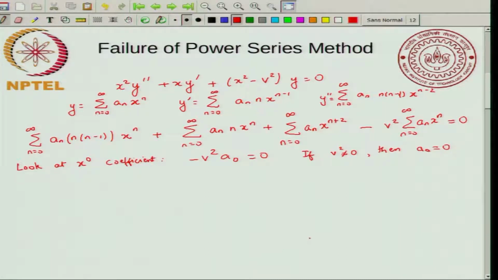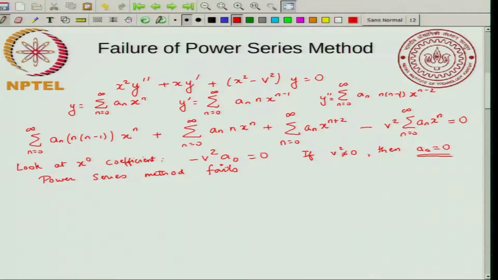And when a 0 equal to 0, you can easily show that all the corresponding terms will go to 0 in this equation. So, if a 0 equal to 0, then the whole power series goes to 0. So, we say that the power series method fails.